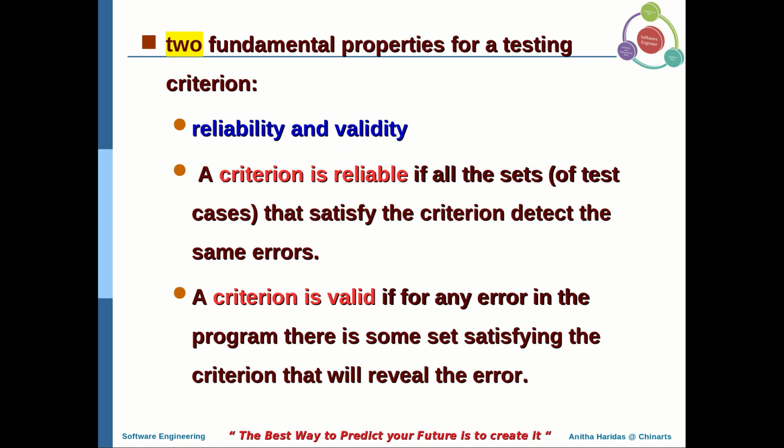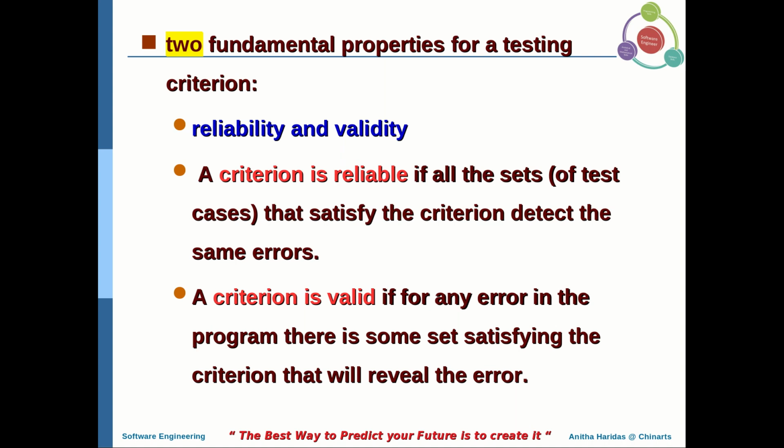When will you say your criterion is reliable? If all the test cases that satisfy the criterion detect the same error, then you call it reliable. So when you write a test case for A greater than B and a test case for A less than or equal to B, and both give you the same error, then you say the criterion is reliable. When is it valid?